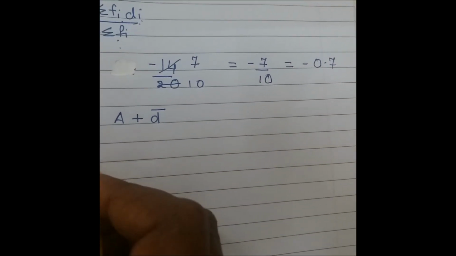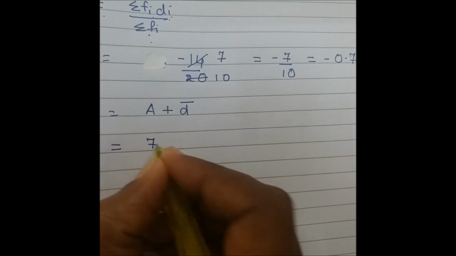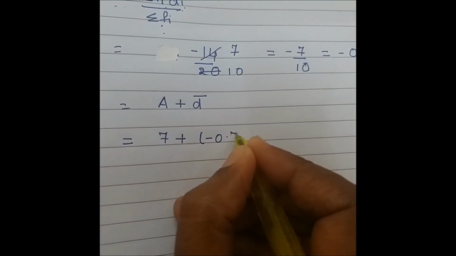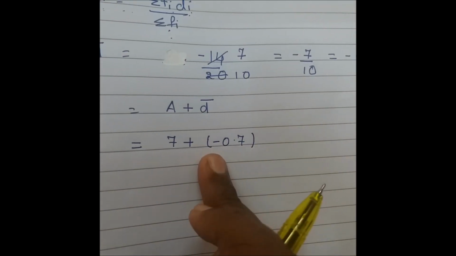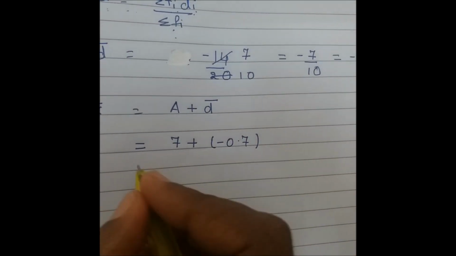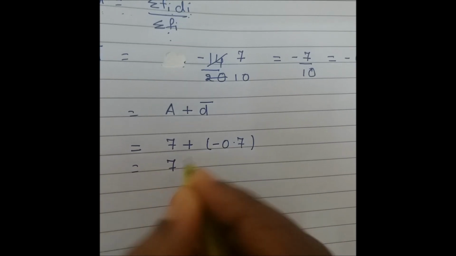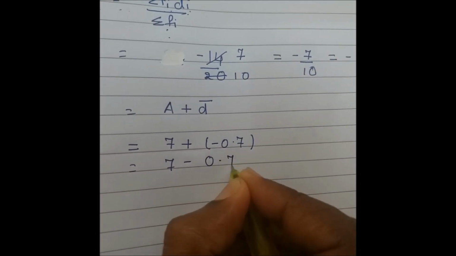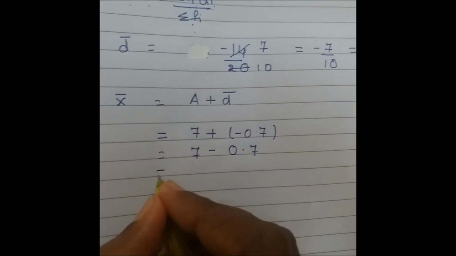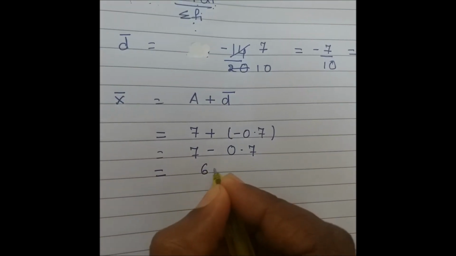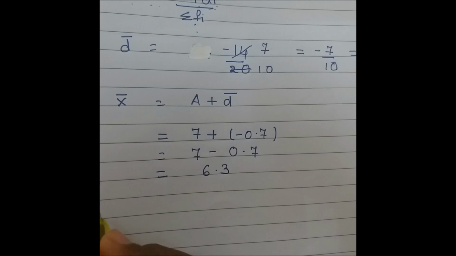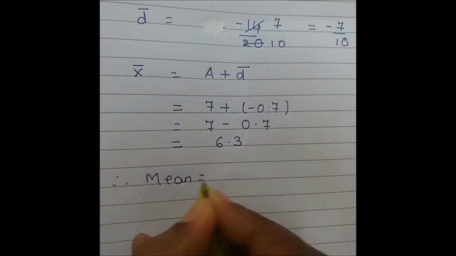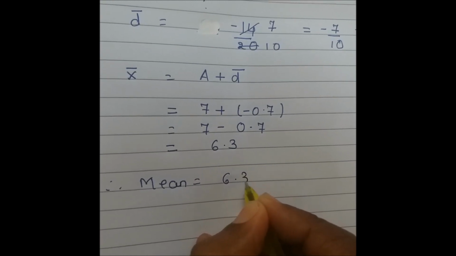So substituting the values, 7 plus minus 0.7. As it is negative, you have to put it in the bracket. So 7 plus into minus will be minus 0.7. The answer will be 6.3. Therefore, mean is equal to 6.3.